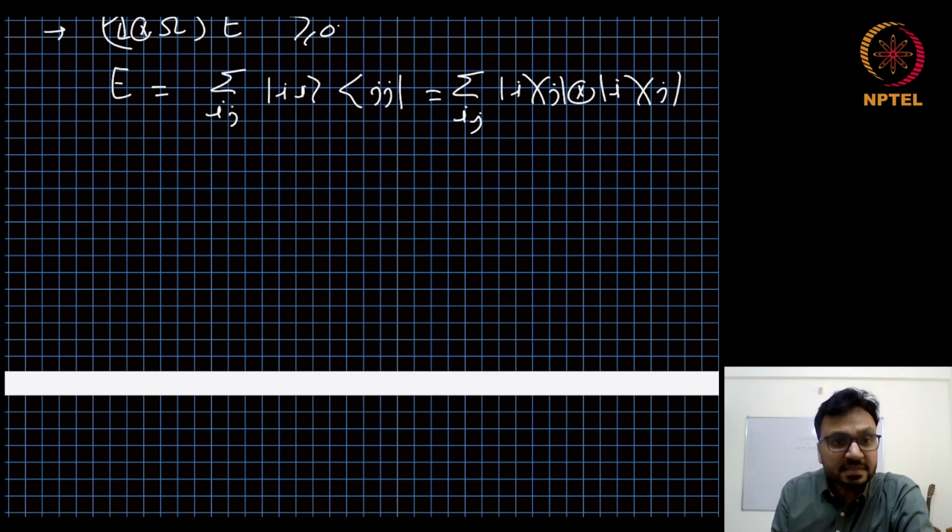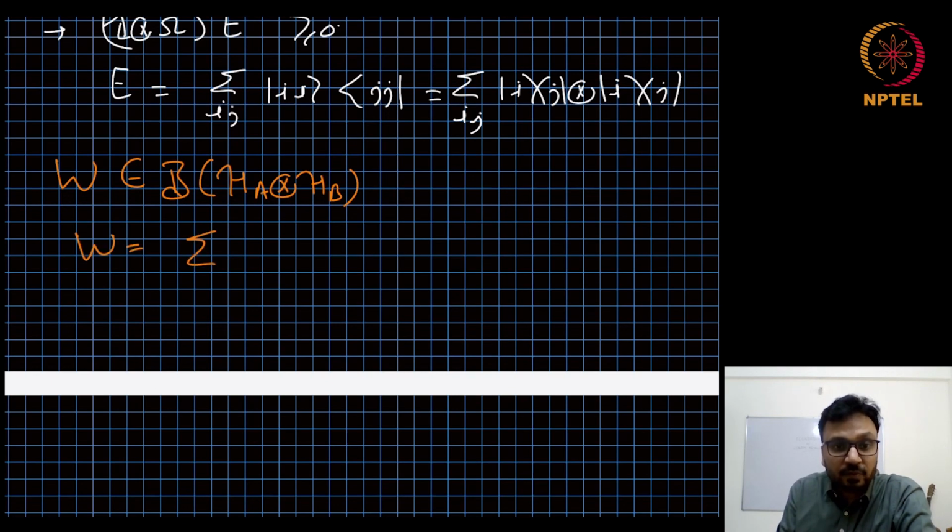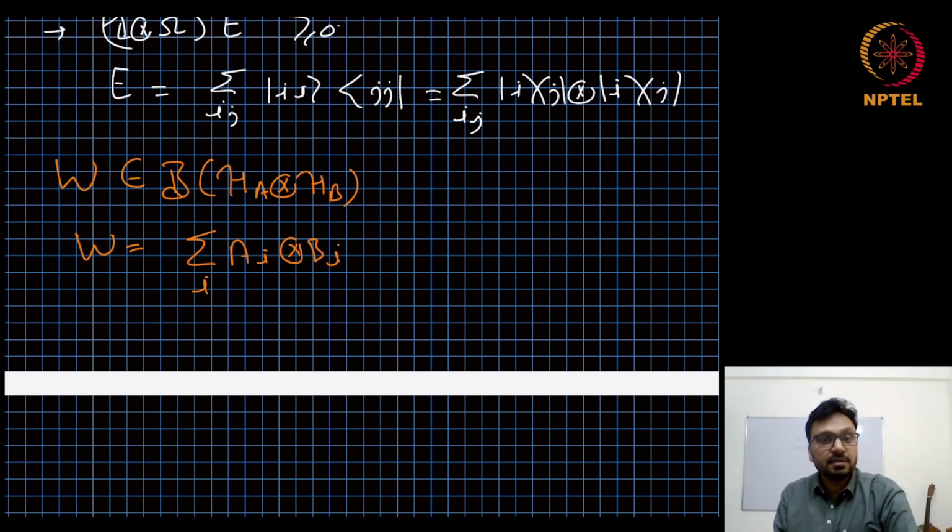To appreciate the structure of E, first we notice that if we have any arbitrary operator W, which belongs to the set of operators acting on H_A tensor H_B, then this W can be written as sum over i of A_i tensor B_i. So the A_i's are operators acting on H_A and the B_i's are operators acting on H_B.